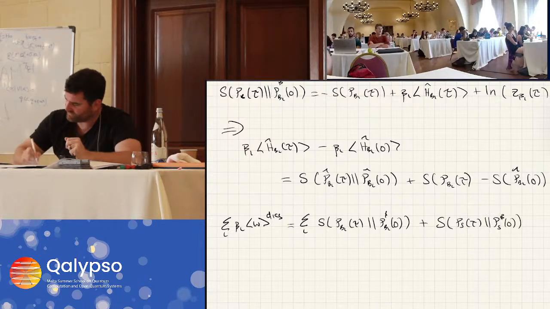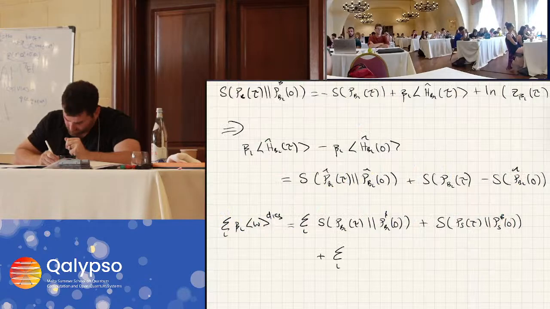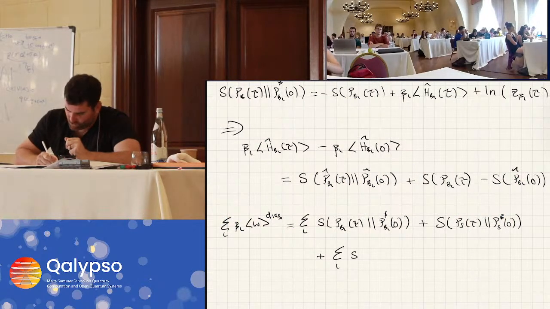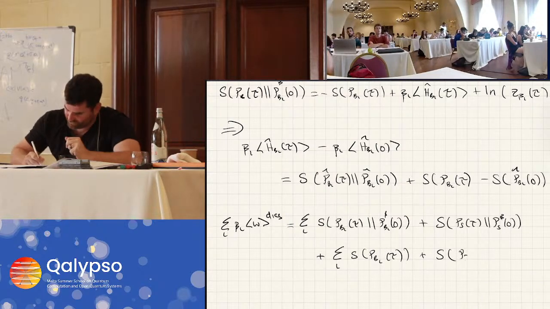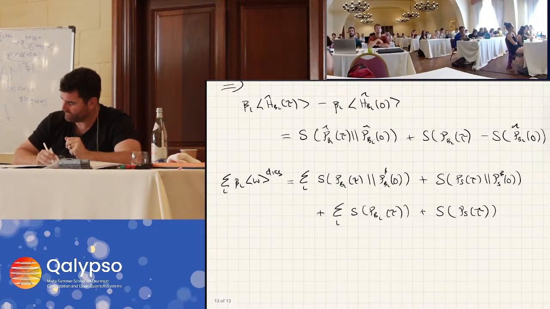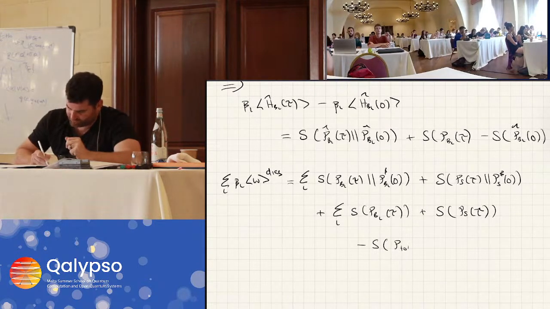So it's a bit laborious. Plus the sum over L of S(rho_beta_L(tau)) plus S(rho_S(tau)) minus S of rho total at time 0.